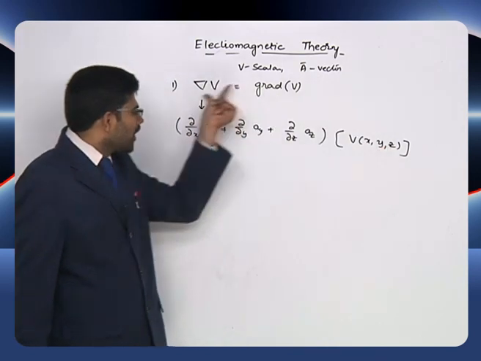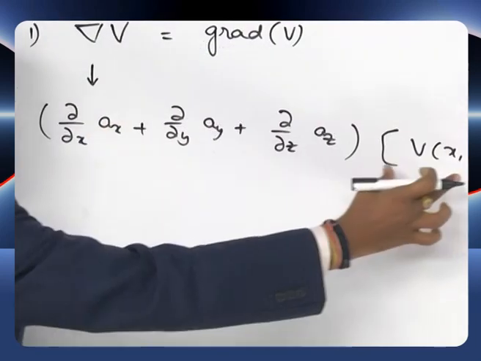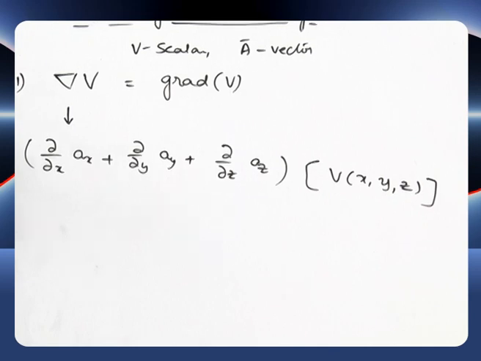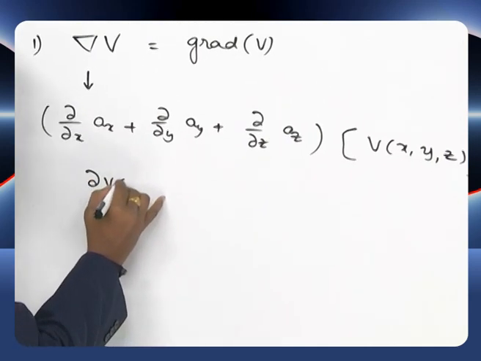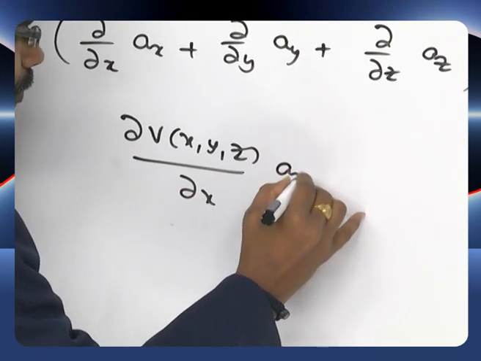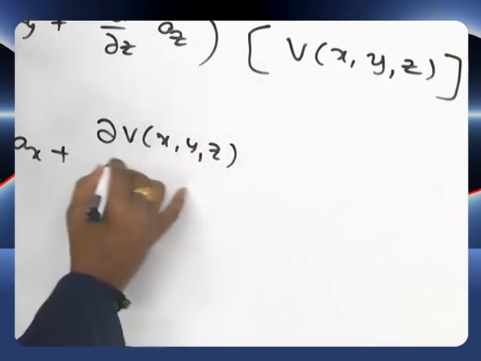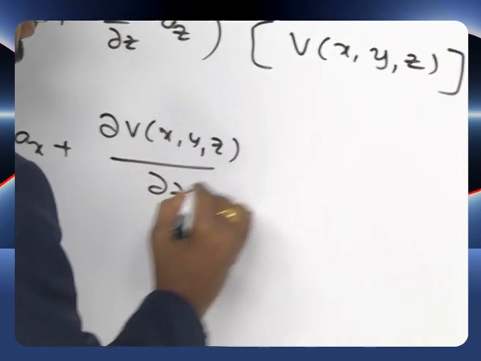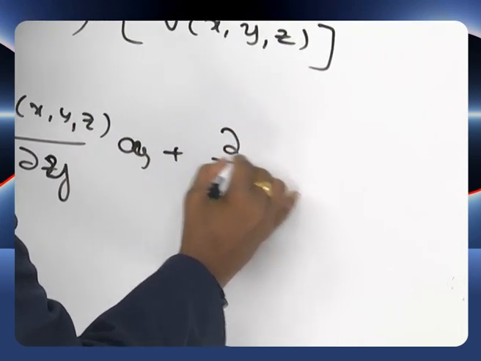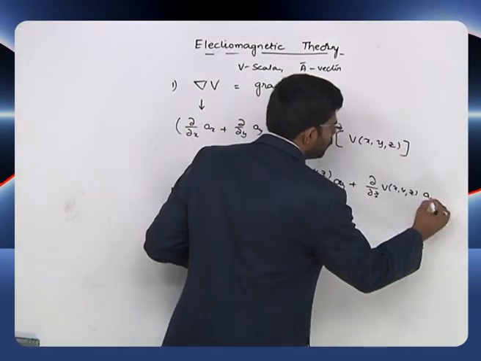Then what can you write? This V will be differentiated with respect to x, with respect to y, and with respect to z. So this can be written as ∂V(x,y,z)/∂x in the direction of x, plus ∂V(x,y,z)/∂y in the direction of y, plus ∂/∂z of V(x,y,z) in the direction of z.